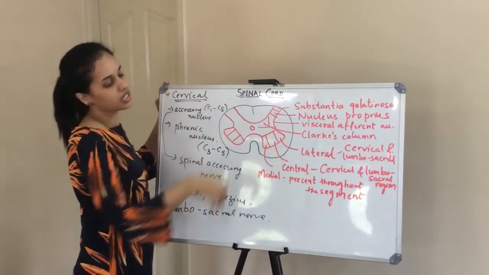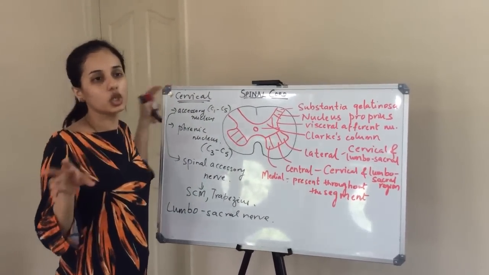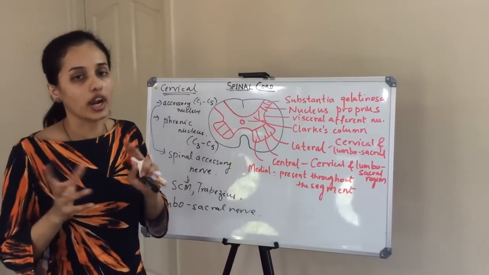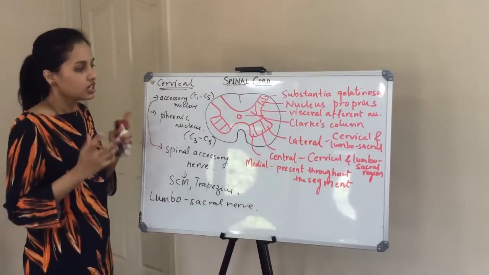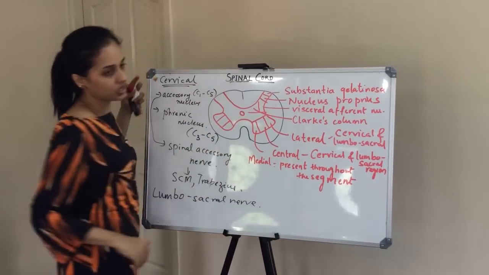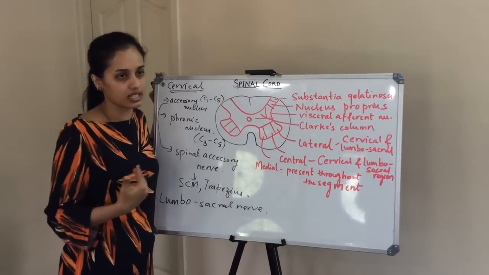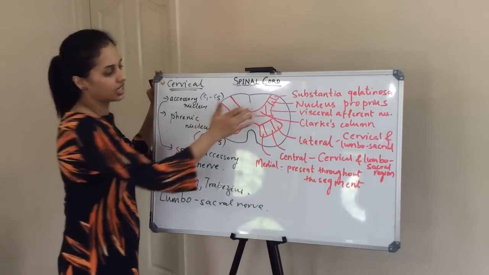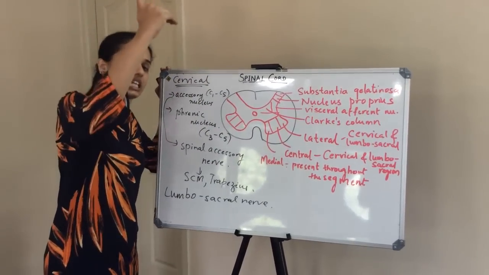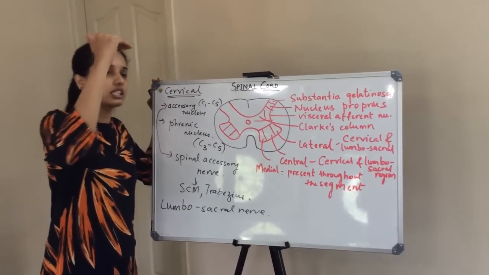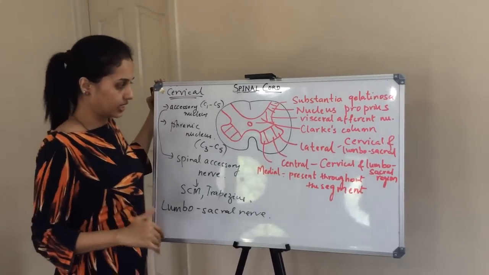These receive fibers concerned with muscle spindles and joint spindles, the proprioceptive spindles, and they are mainly present at the thoracic and lumbar region. They say they extend from C8, the last cervical, to L2 or L3.